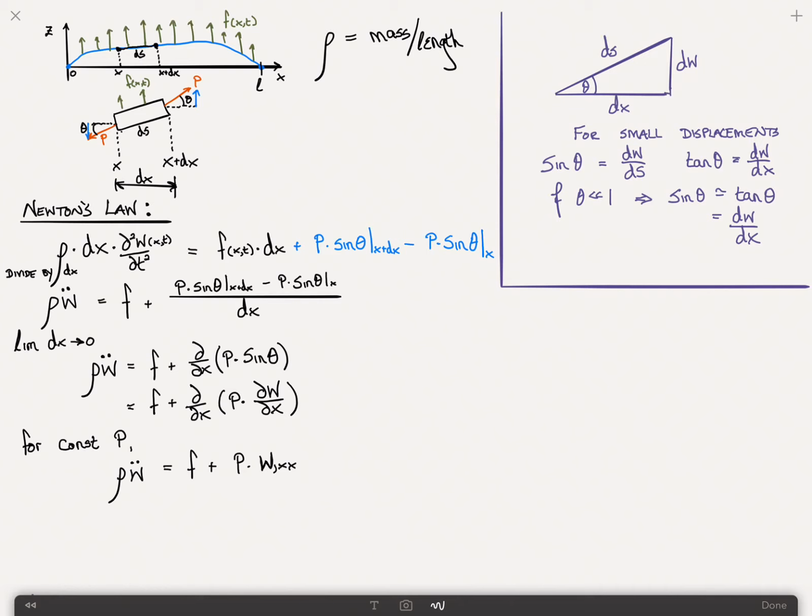All right, and then finally, why is it okay to say that p is approximately constant? Because if we look at the horizontal component of p, we see that it's equal to p cosine of theta, which is approximately equal to p. Why? Because for small angles, cosine theta is equal to 1.